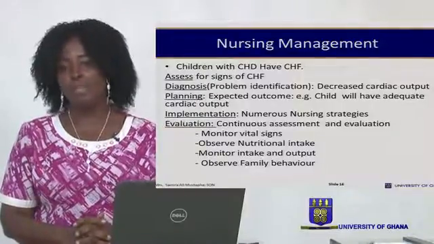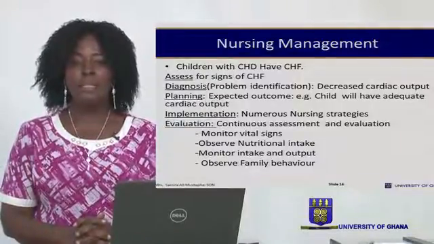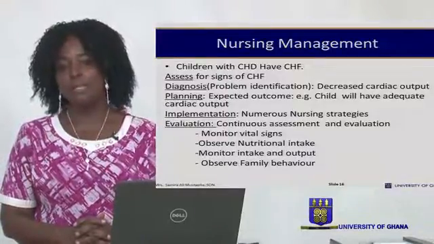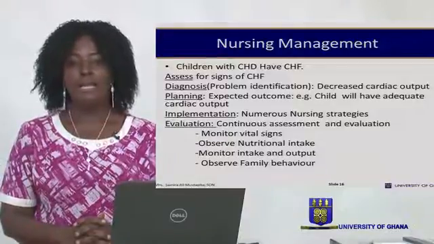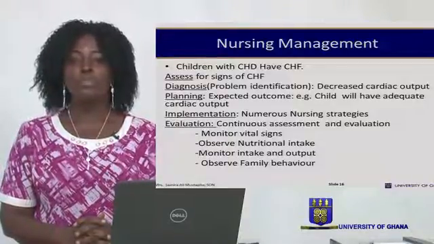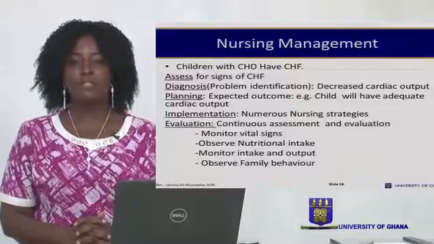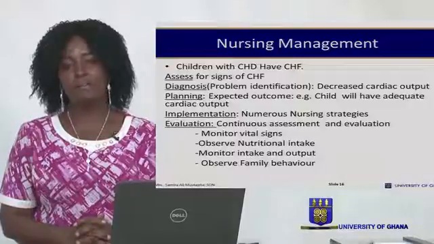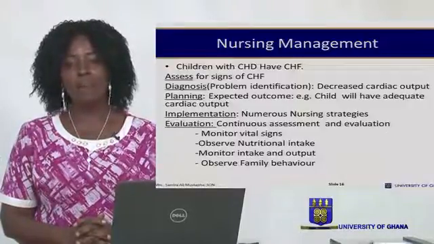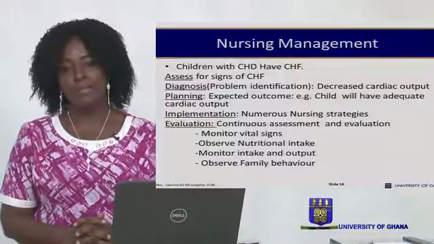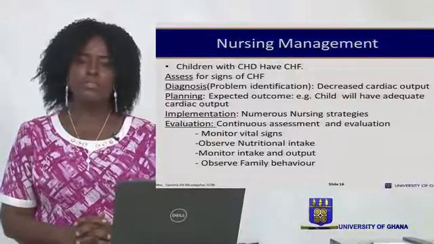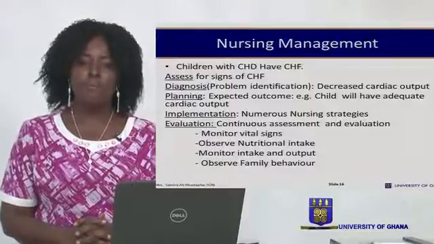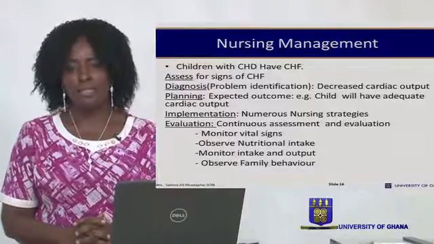That is what we strive to achieve. And in our implementation, there will be numerous nursing strategies we need to put in place. And evaluation at the end is that we want continuous assessment and evaluation. So you have to monitor vital signs, observe nutritional intake, monitor intake and output, and observe family behavior and support where necessary. So you need to read further to be able to make appropriate nursing diagnosis and formulate your outcomes and strategies appropriately.